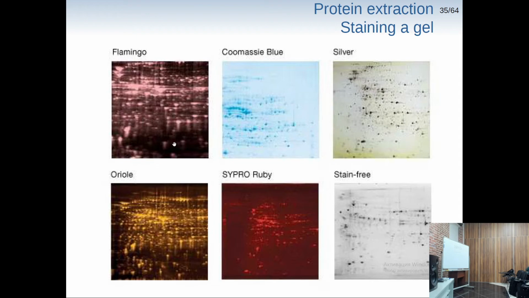It's impossible to detect. And this silver dye is actually something that works the same way as black and white photography long ago. We have some salts of silver, and those salts can be easily reduced by the proteins that are in a gel.